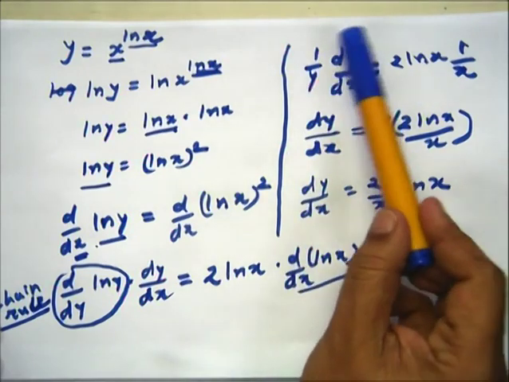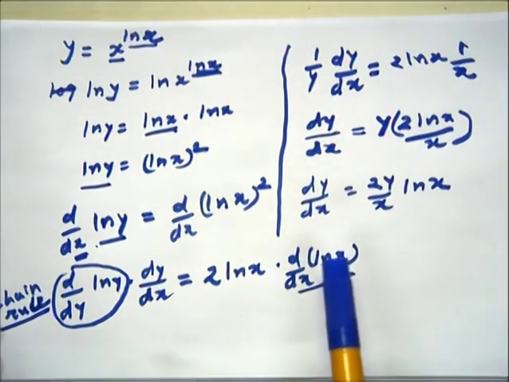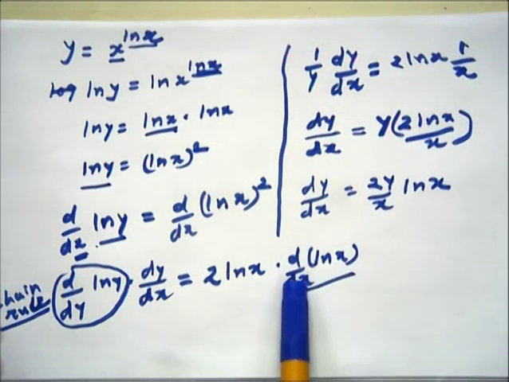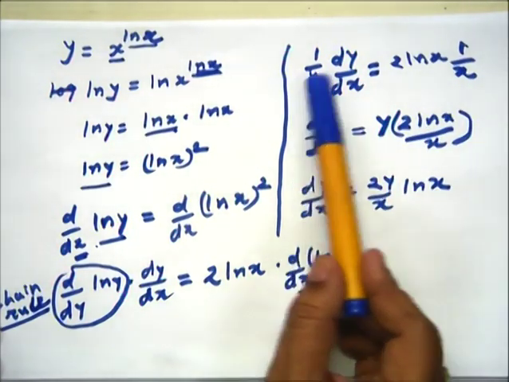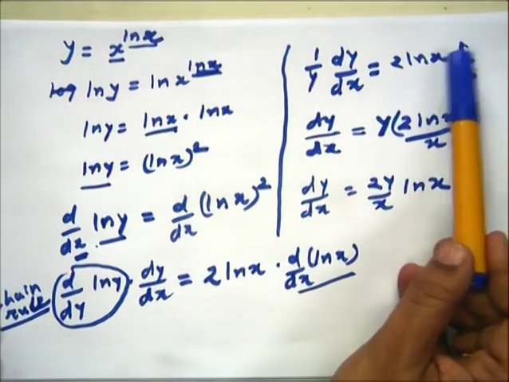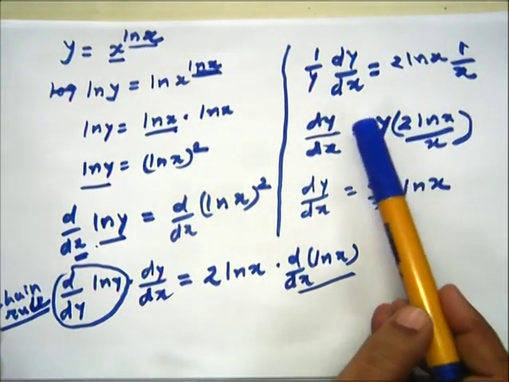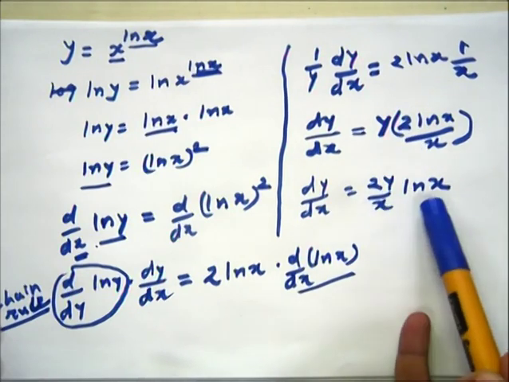Now 1 upon y dy by dx is equal to 2 log x into the derivative of log x with respect to x, which is 1 by x. Now if we take y on the opposite side, we have y into 2 log x upon x. So it is 2y upon x into log x.